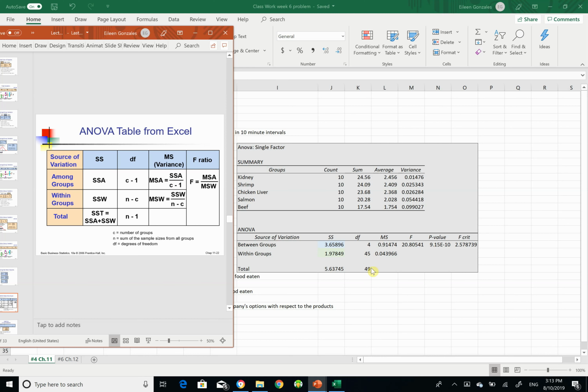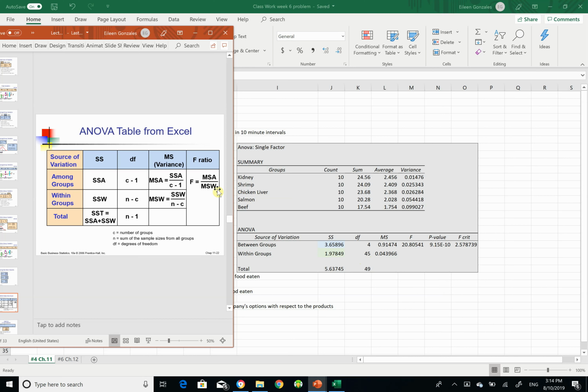And our total degrees of freedom, 50 samples total, minus 1 gives us 49. Our MSA is really just the SSA value, 3.65, divided by our C minus 1. And our MSW value right here, 0.04, is just your SSW value divided by 45.